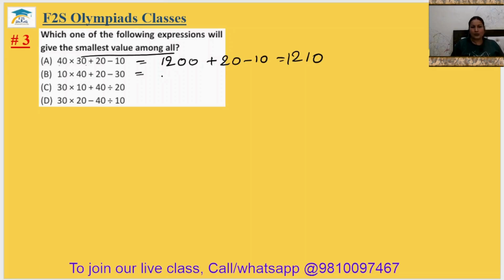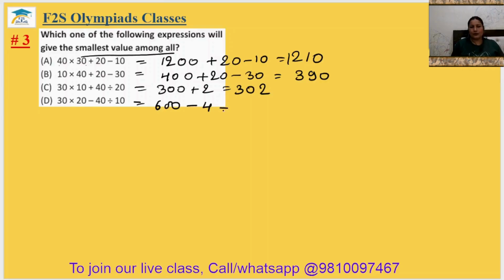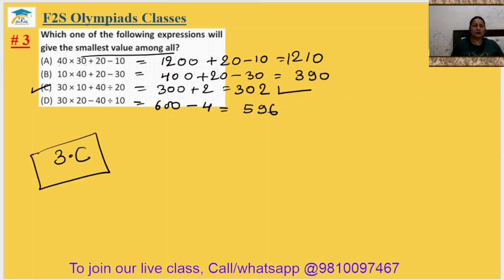Now it is 400 plus 20 minus 30, so it will be 390. Now 300 plus 2, so 302, and 3 twos are 6, 600 minus 4, so this is 596. So we can see the smallest one is 302. It is in option C. So the third answer is option C.